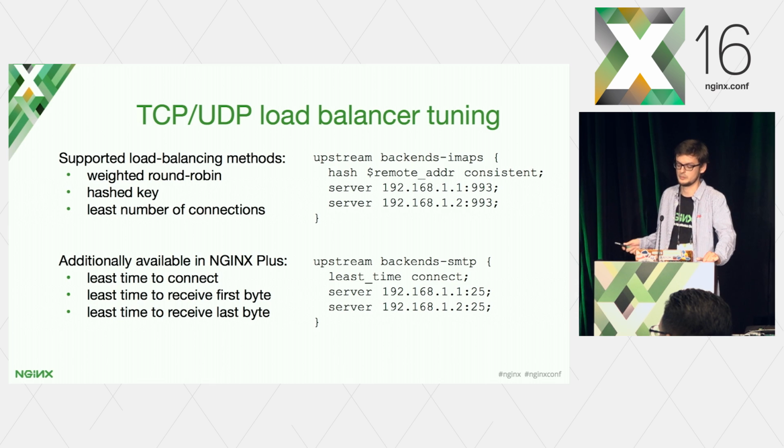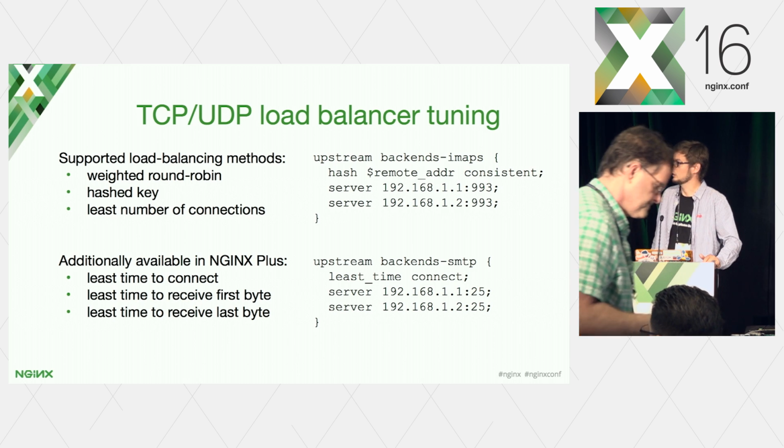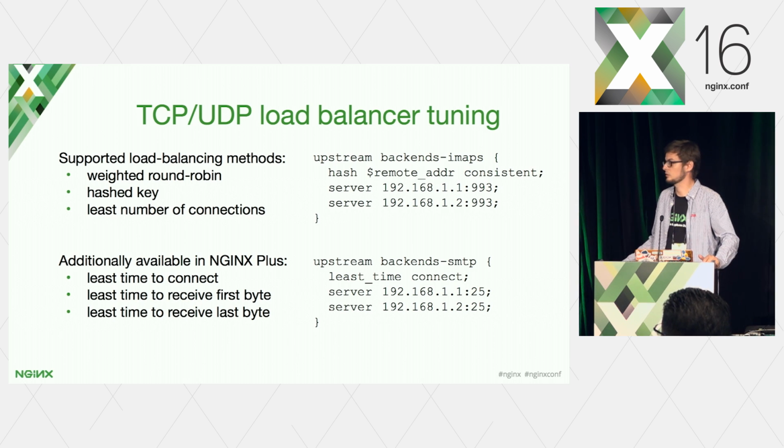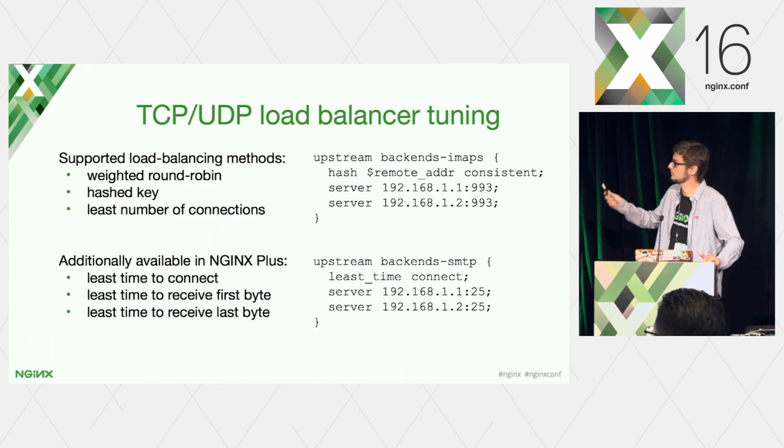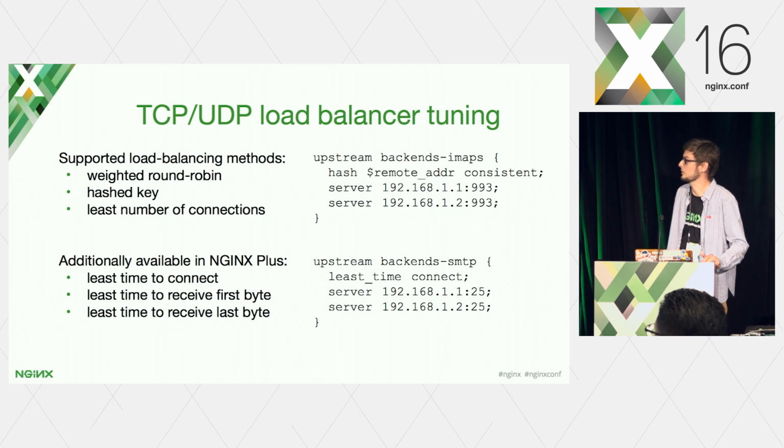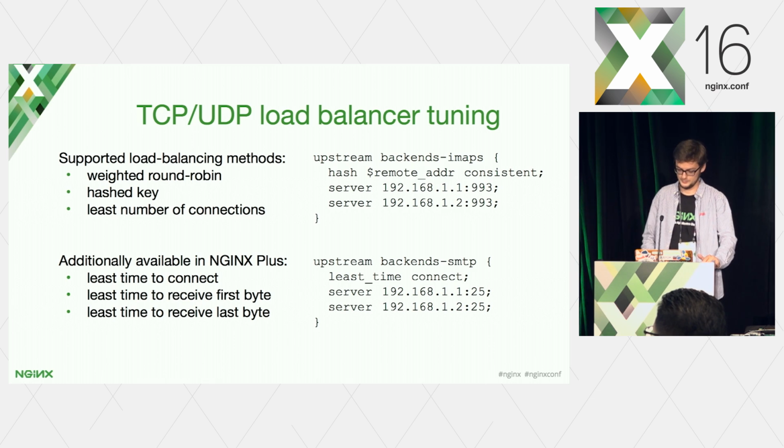So NGINX will forward the request, the datagram or a TCP connection to a server that has the lowest amount of active connections. And in NGINX Plus, you're able to use the so-called least time load balancing method, and you can choose the least time to connect, or to receive the first byte from your backend, or to receive the last byte, so the whole response. And on the right side of the slide, you can see how to implement that in NGINX configuration.